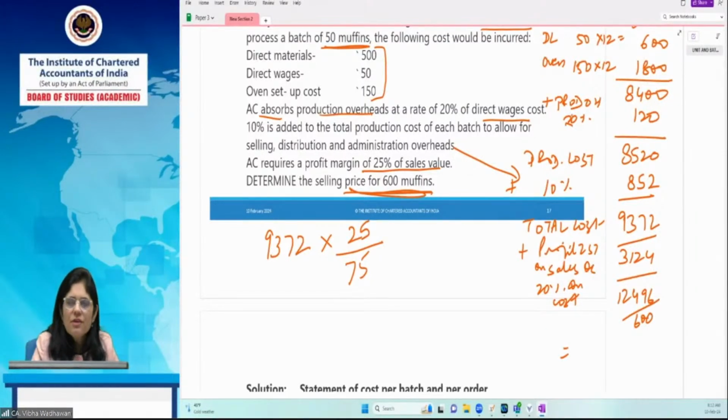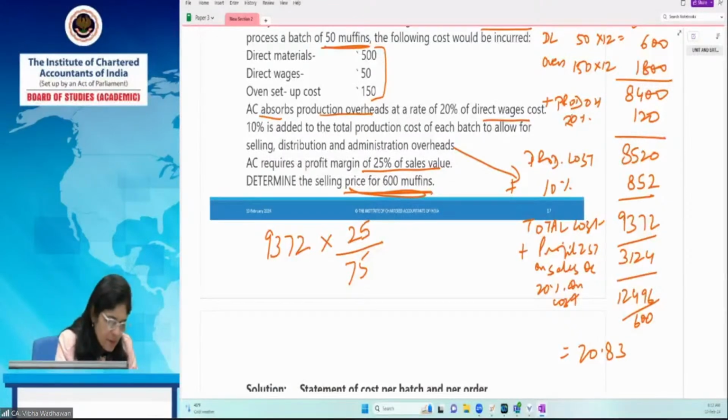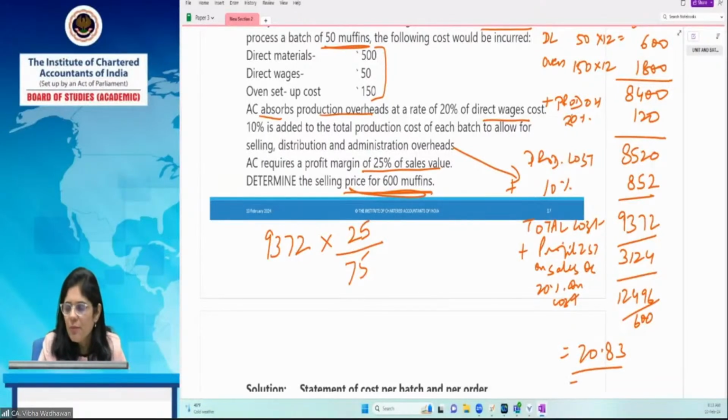Clear? It will be 20.83. $20.83 will be the selling price per muffin.